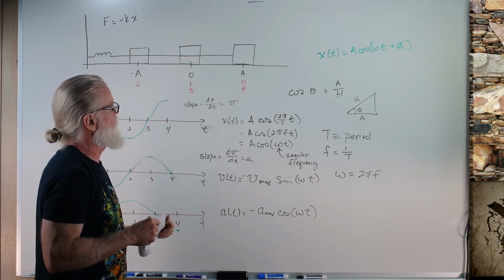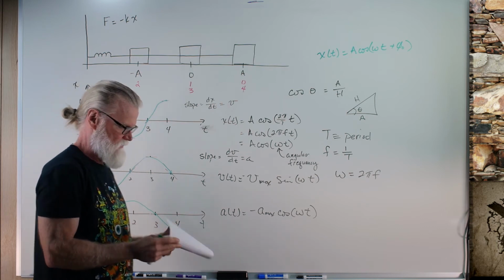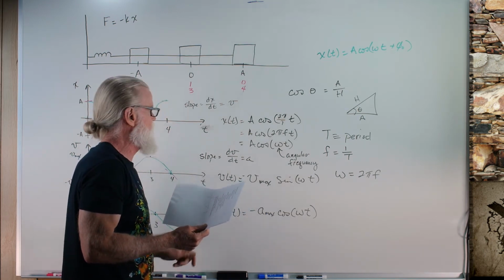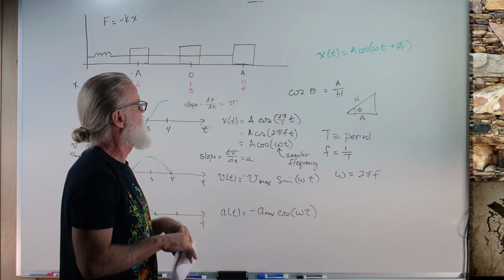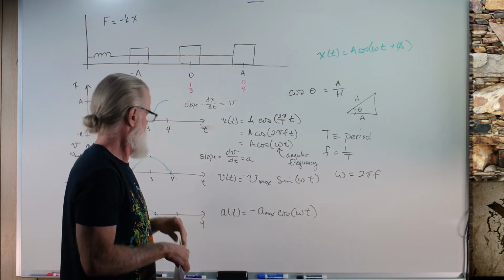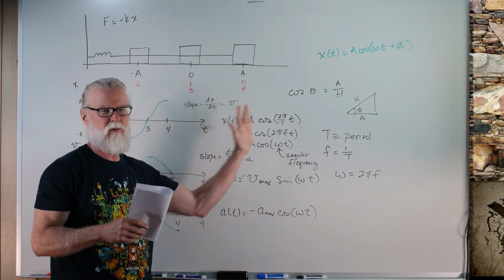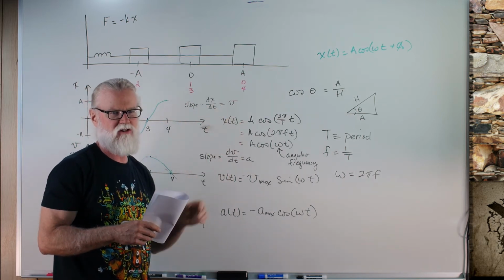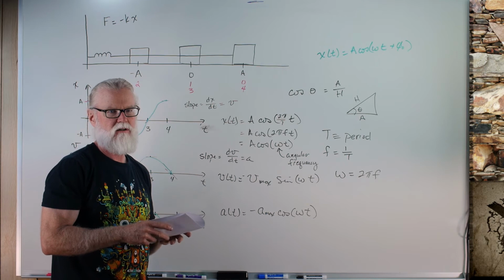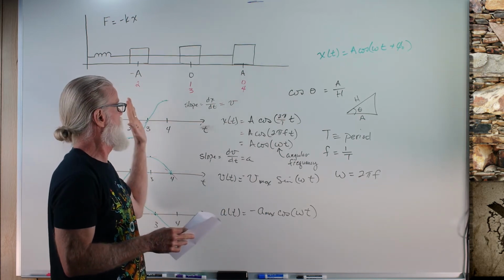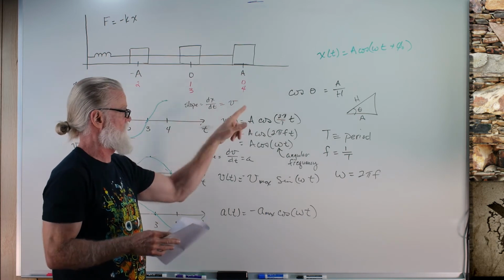So how are we going to figure out what that phase constant is? Well, to make this simpler, I want to draw an analogy between simple harmonic motion and circular motion. It turns out that there is a strong relationship between this and circular motion.